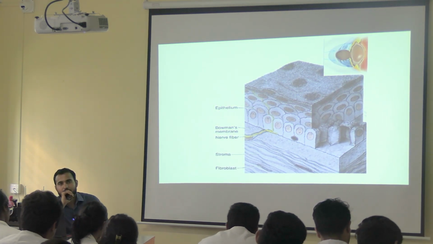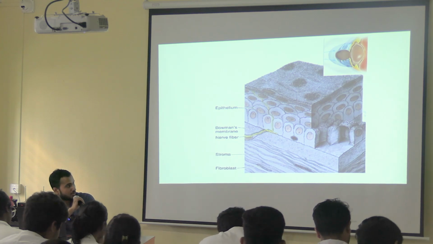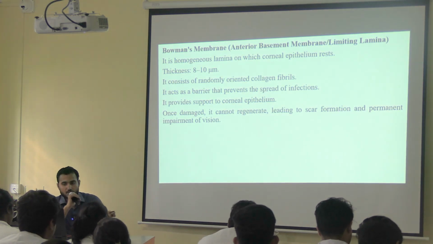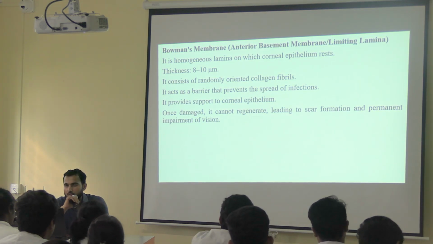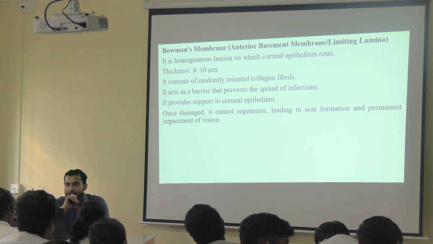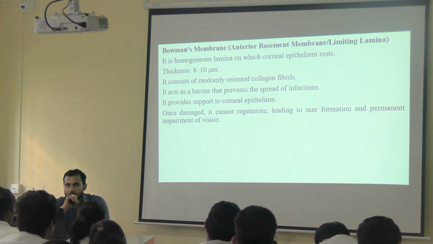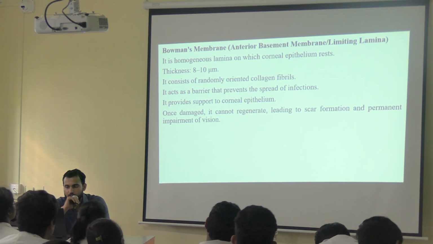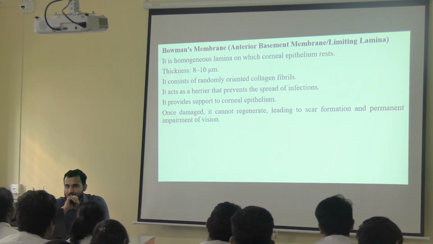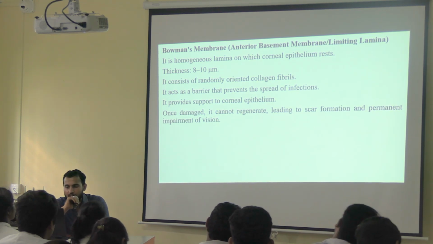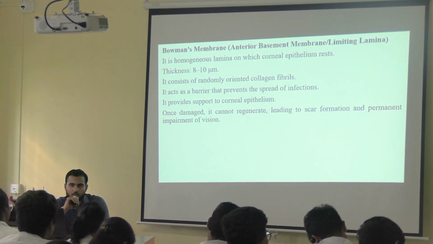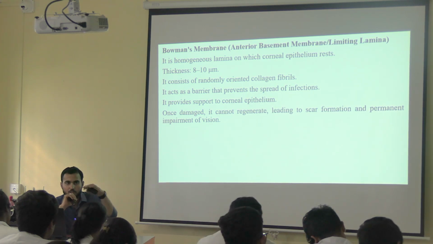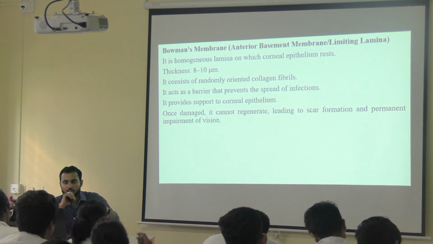If you see the thickness, 8 to 10 micrometer. So it is a homogeneous membrane, 8 to 10 micrometer. Randomly oriented collagen fibrils are present in this particular layer. Okay, it prevents the spread of infection, and along with that it provides support to the corneal epithelium.